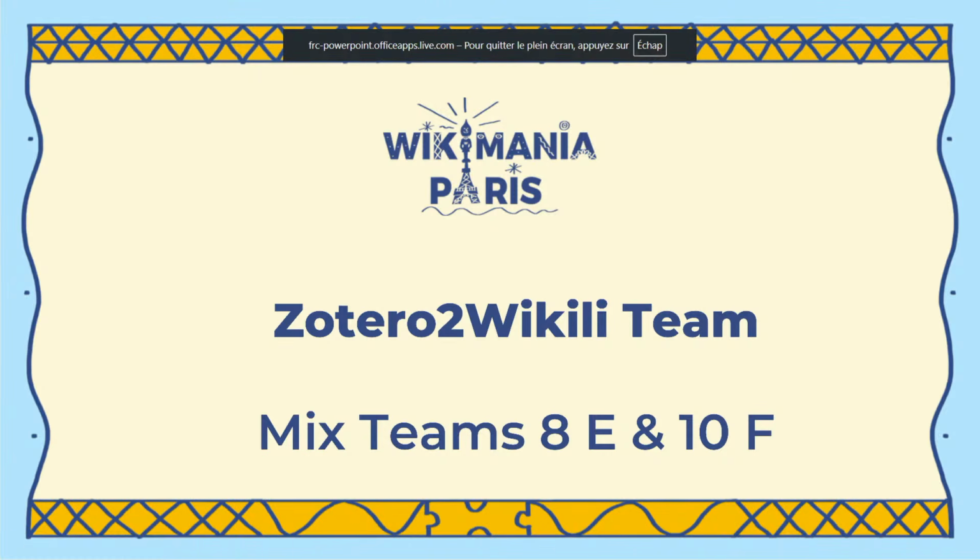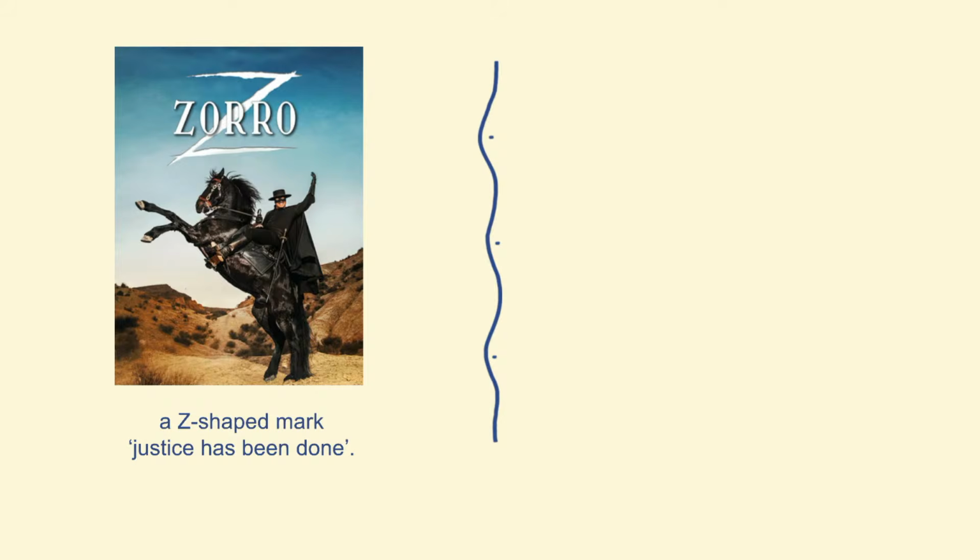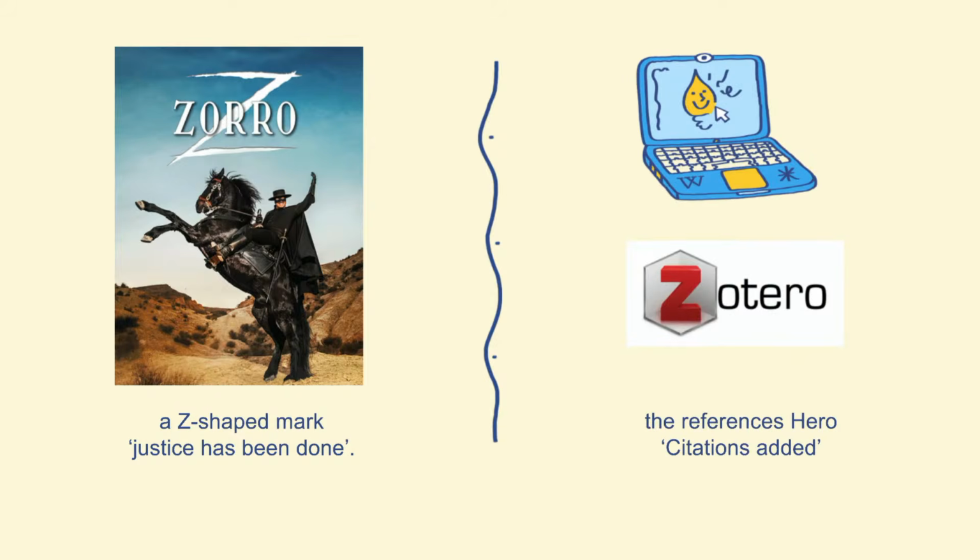Hello, everyone. We are the Zotero 2 Wikili team. Like Zorro, who leaves a Z mark when justice is done, we want to turn Zotero into a hero which leaves a reference added mark.